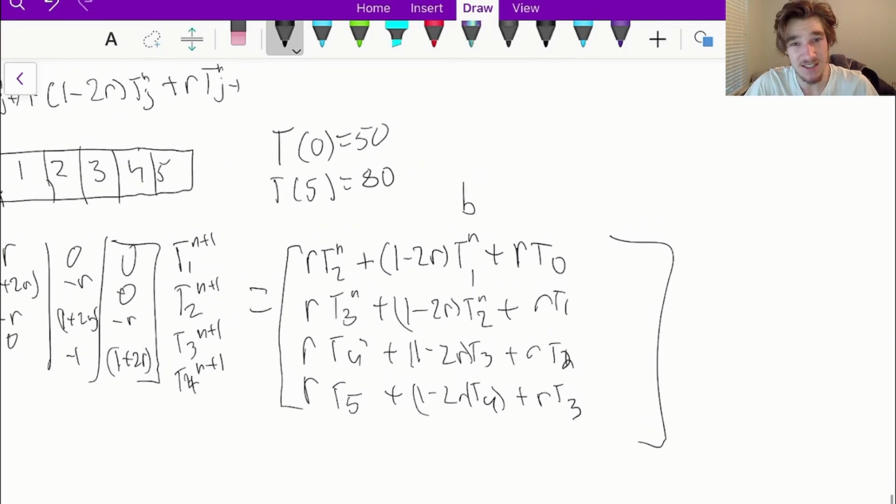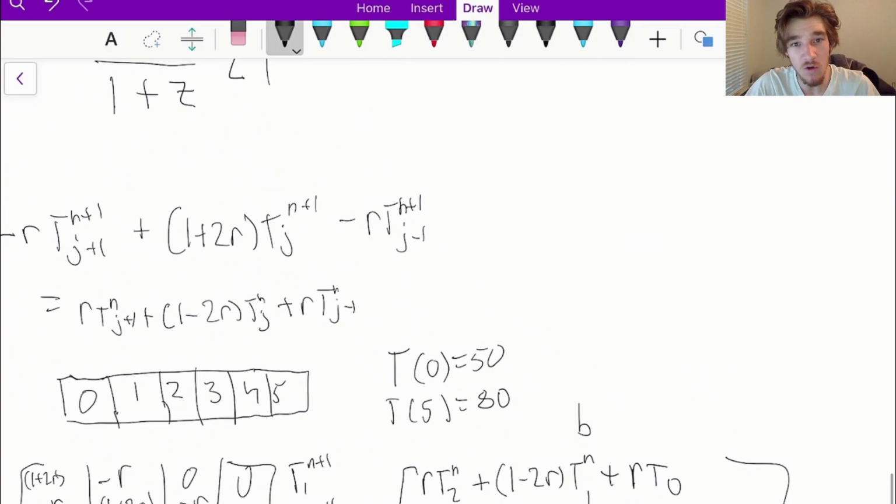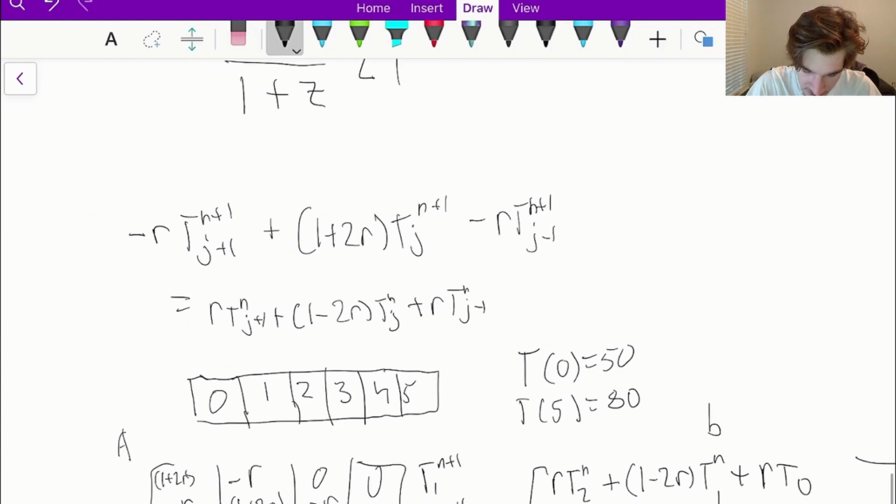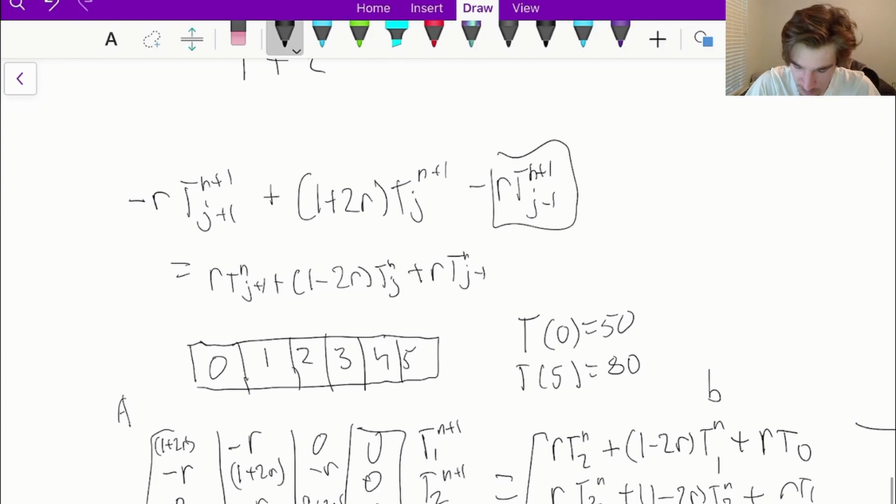But we're missing something, right? Because since we already know the temperature at the 0 point, right, the leftmost part of the bar and the rightmost part of the bar, we can go ahead and move this one over, right, since we already know this. And we know this one for the first part, because when j equals 1, we'll get j equals 0.